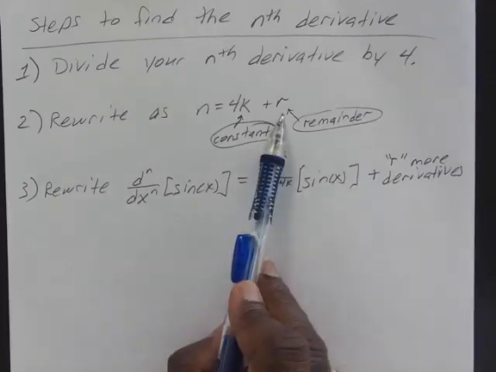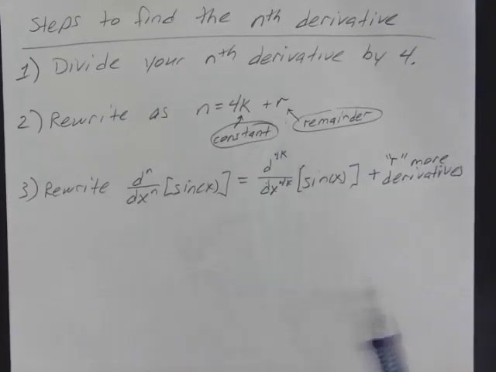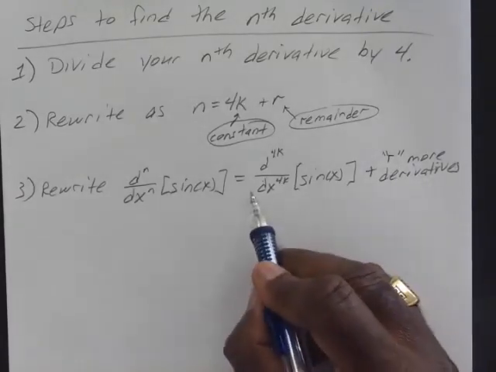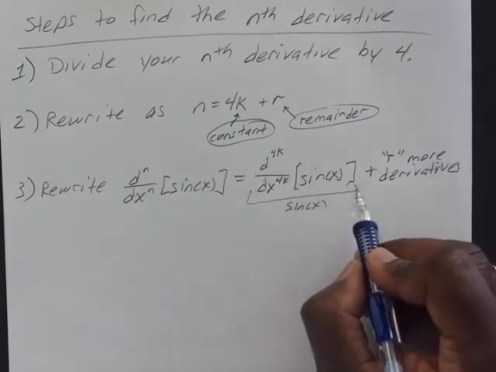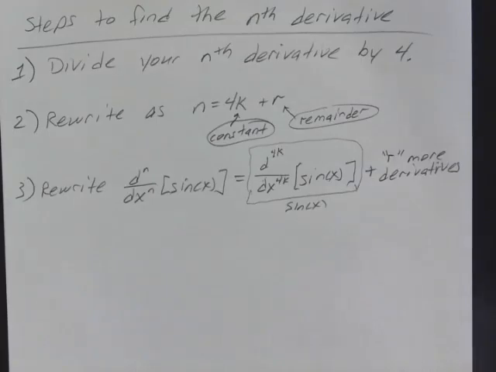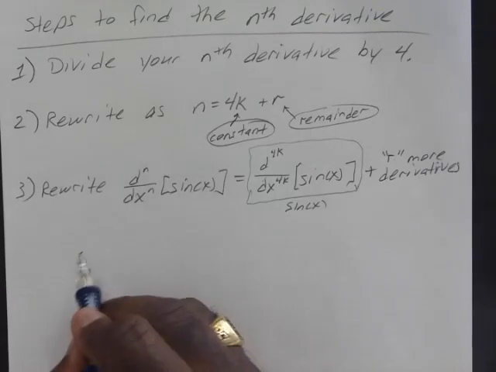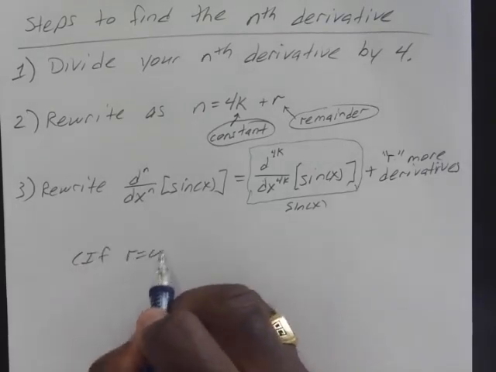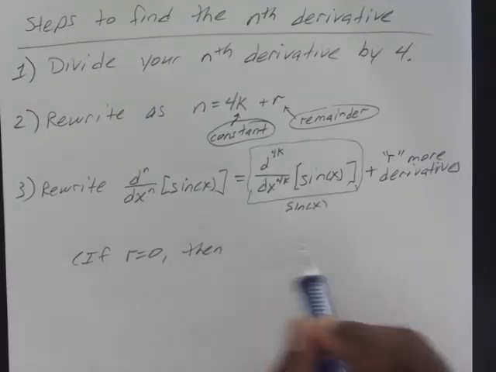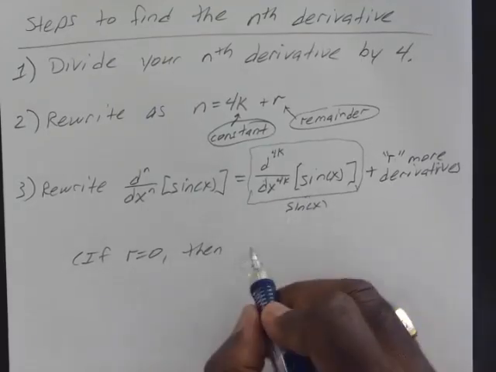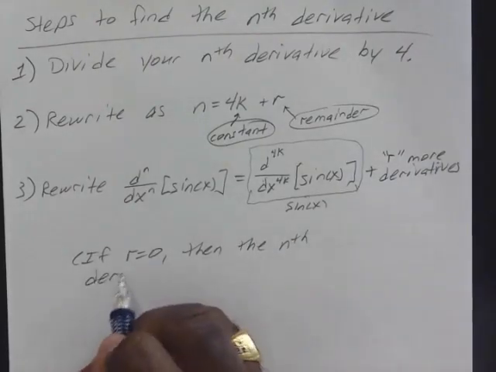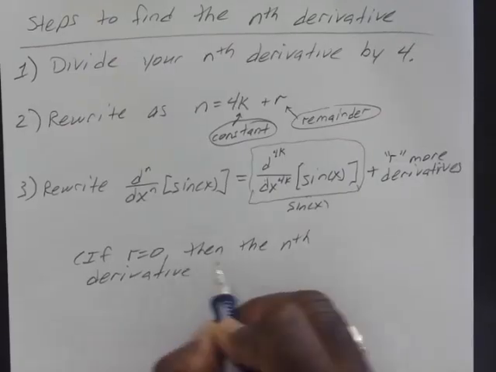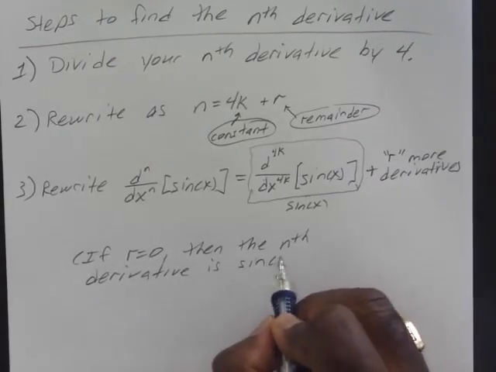Okay, so if your remainder was 2, you're going to do 2 more derivatives, because we know that this is just going to be sine of x. Now, if your remainder is equal to 0, then your nth derivative just stops here. It's sine of x.